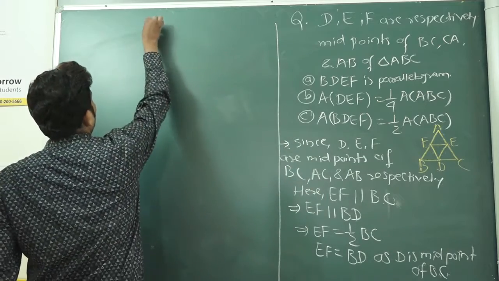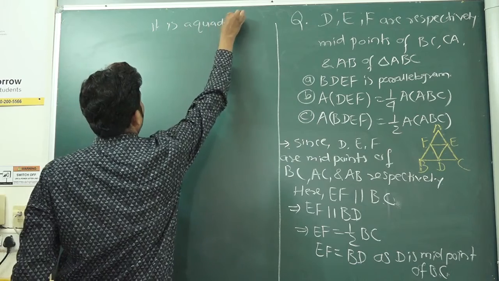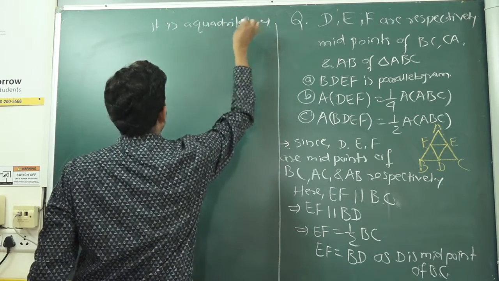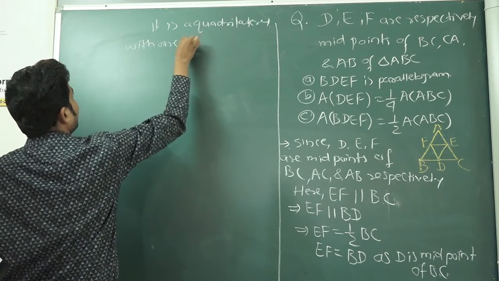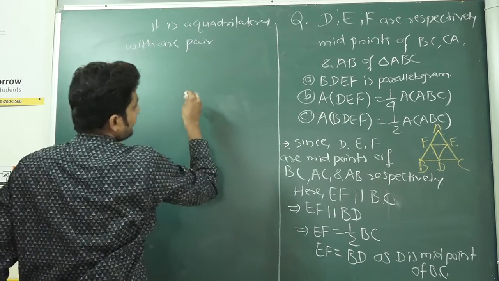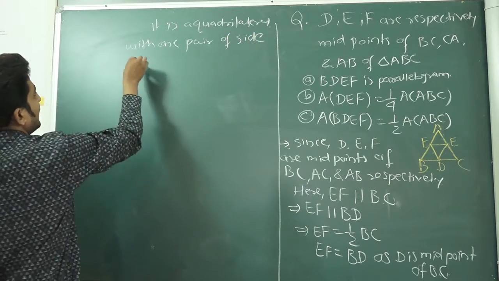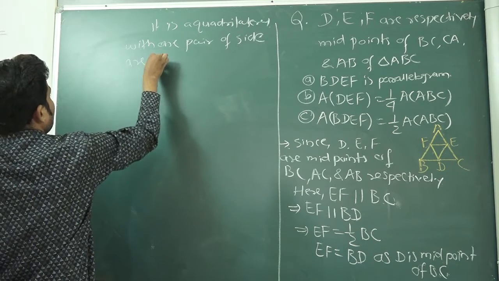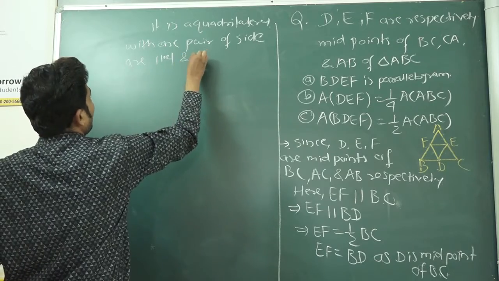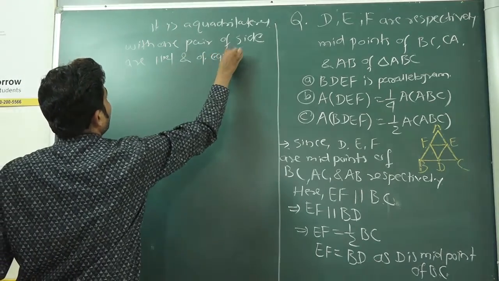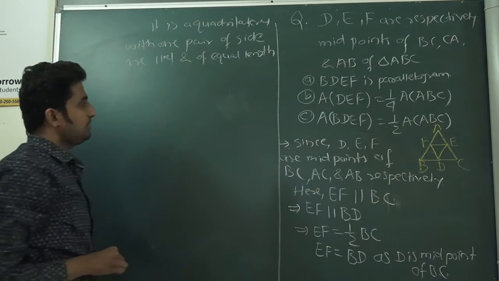Now, it is a quadrilateral with one pair of sides that are parallel and of equal length.